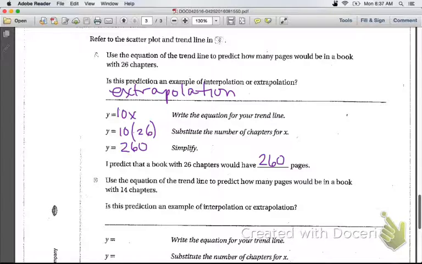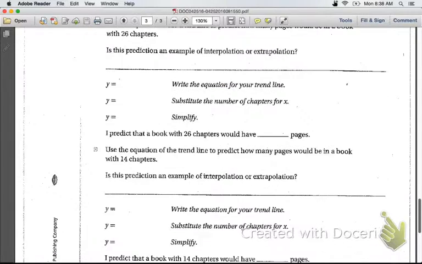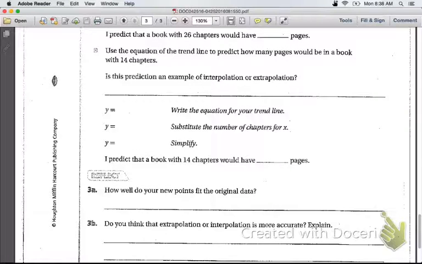So use the equation to predict how many pages will be in a book with 14 chapters. Okay, so we want to know, is this prediction an example of interpolation or extrapolation?